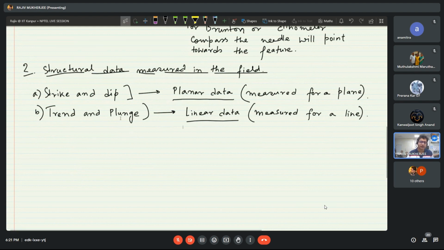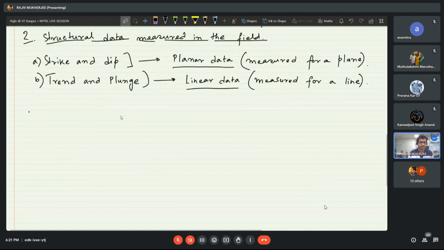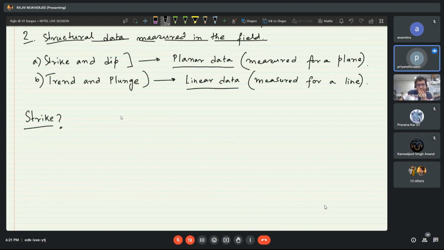Now, what is a strike? So strike, can anyone tell what a strike is? So, where the vertical and the horizontal plane cuts and the line formed is called strike.